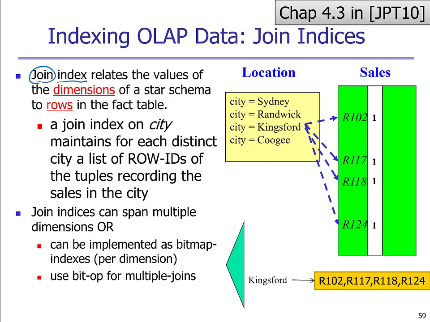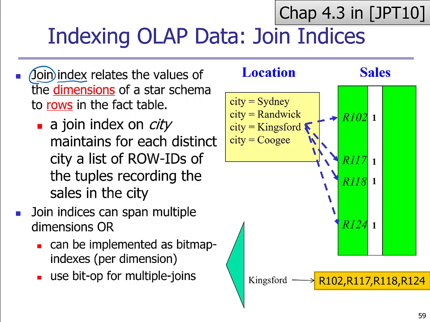If you still remember, in a traditional relational database, if we build an index, then we definitely build the index on top of a table, or more specifically, usually on top of a specific column or attribute.